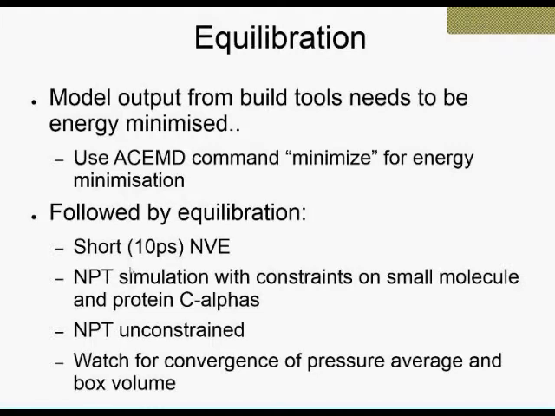So the equilibration is intended to relax the system to the conditions that you want to simulate under. So really, it's a pressure equilibration. And this is best done in two steps. The first is a longish simulation in which you place positional constraints on the small molecules in the system and also the carbon alphas of the protein.